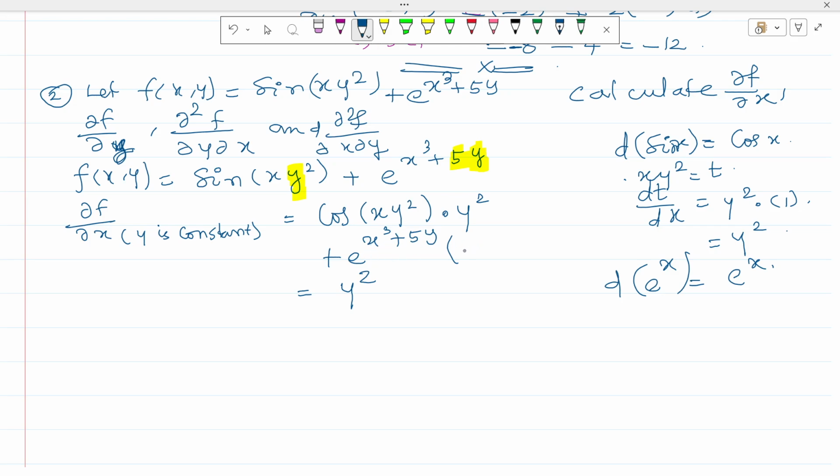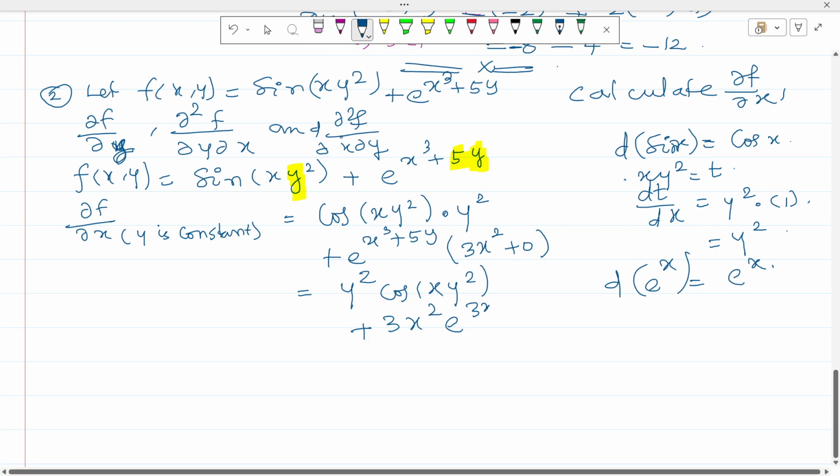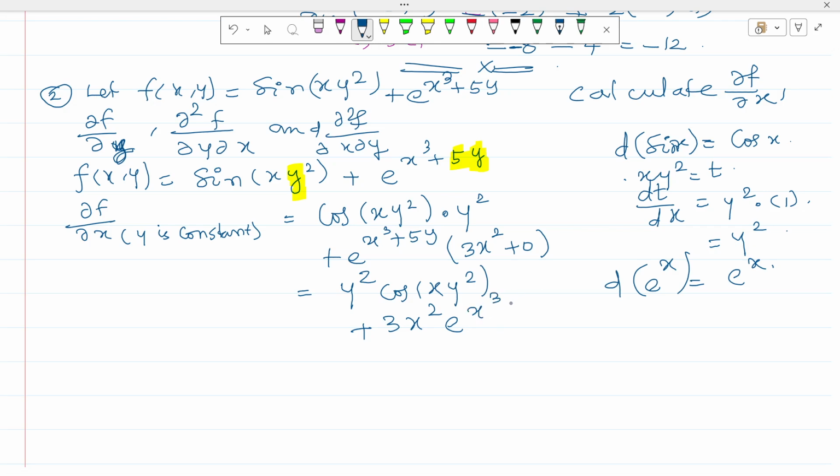So x cube differentiation is 3x square, 5y differentiation is 0. Therefore y square cos of xy square plus 3x square e power x cube plus 5y. So it is dou f by dou x by keeping y as a constant.